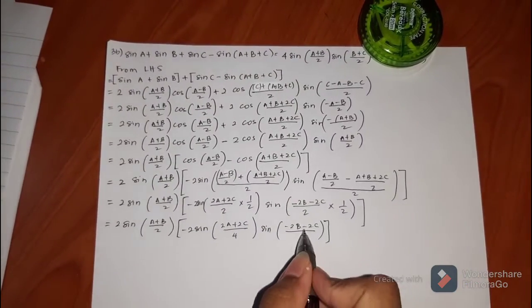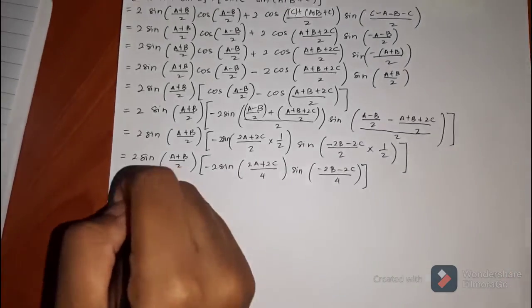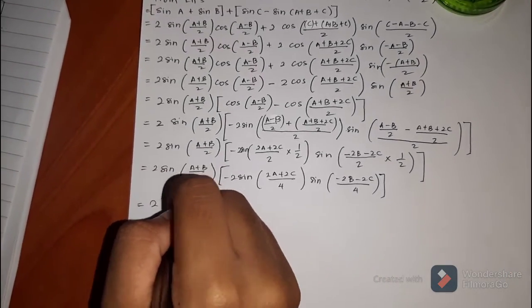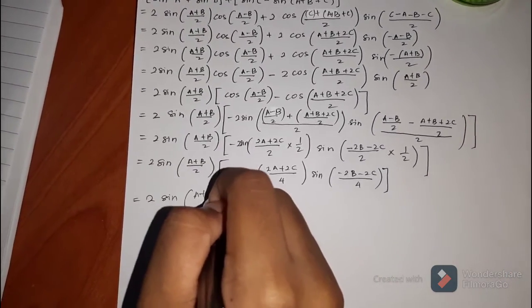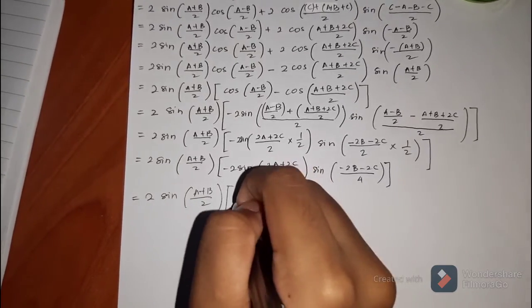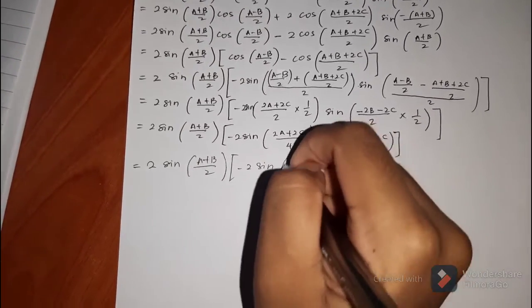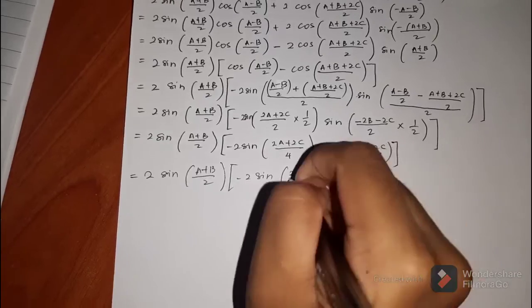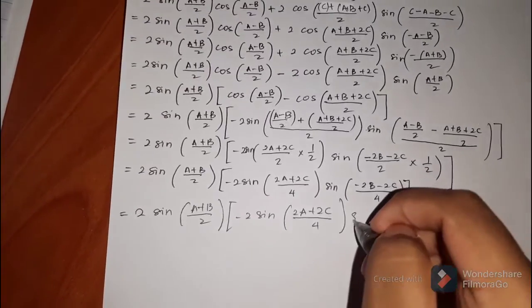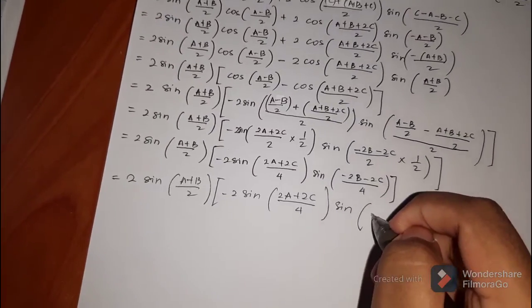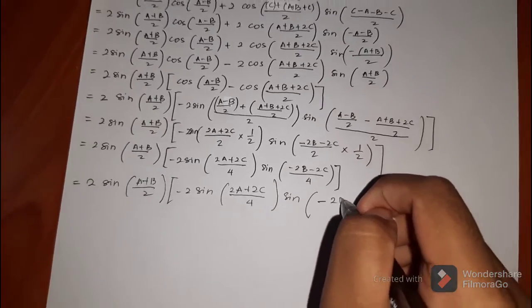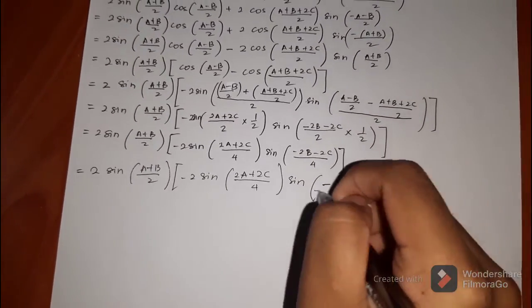So, what is the next step, Nishavini? After that, we have to factorize this negative, bring it out. So we'll be getting 2a plus 2c over 4 sine negative, bring out, so 2b plus c in bracket over 4.